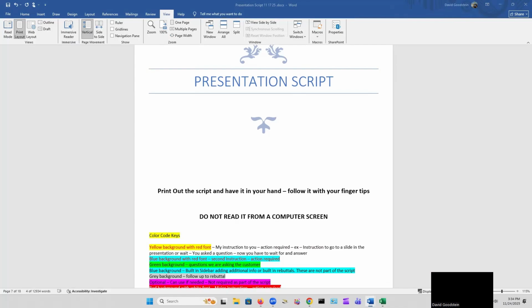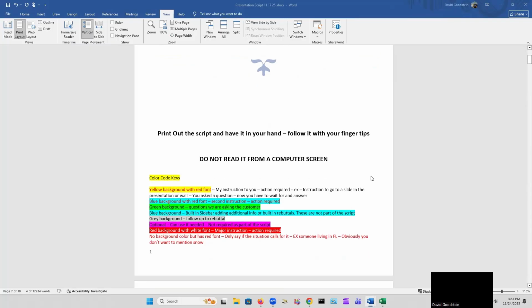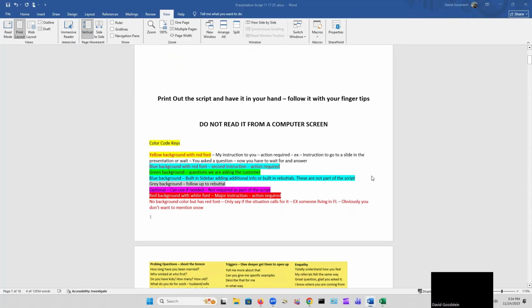You'll notice that the script is color coordinated. Different color highlights and fonts mean different things and should be approached accordingly. Please note there's a lot of instructions, rebuttals, and sidebars built in. Therefore, it's not nearly as long as what it looks like. You'll see in yellow with the red font are my instructions to you.